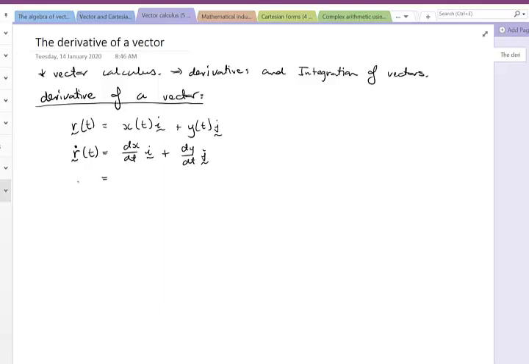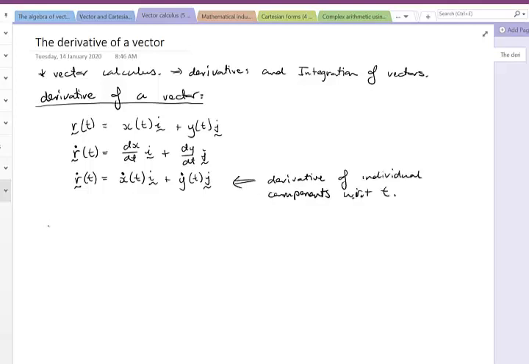So that simplifies down to the derivative of the vector function r being the derivative of x in the i direction and the derivative of the y component in the j direction. Okay, so that's pretty straightforward. This is a derivative of the individual components with respect to t.